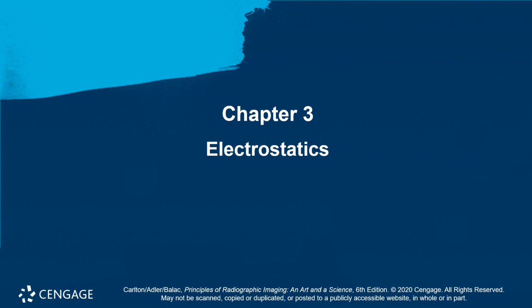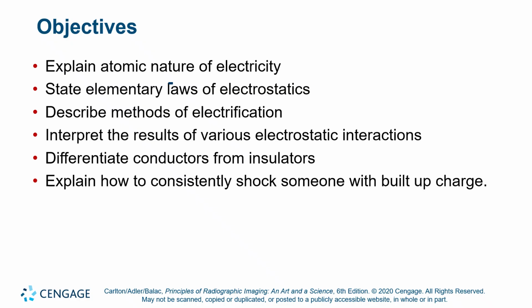So with this set of rules, I think it's like 5 rules for charge behavior, and then Newton's 3 laws of motion, we get an understanding of why electricity works the way it does. So let's get into it.